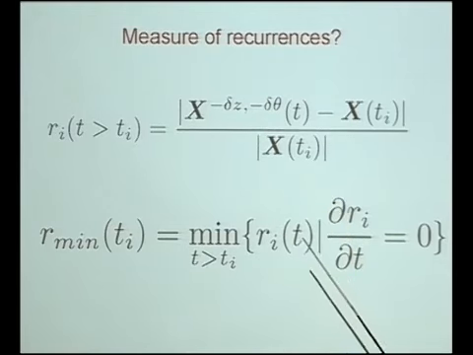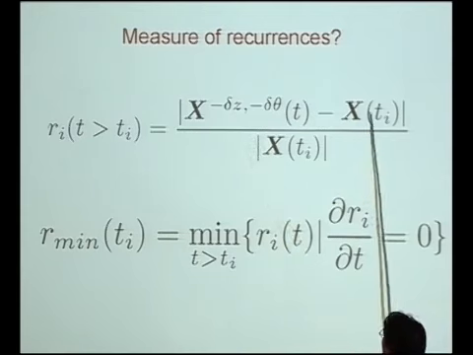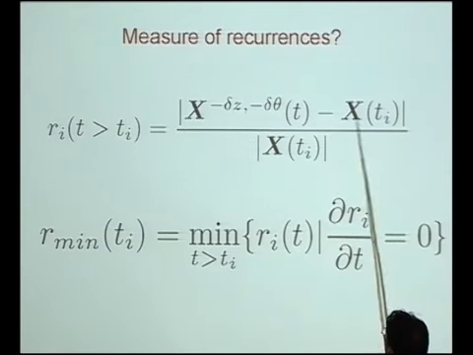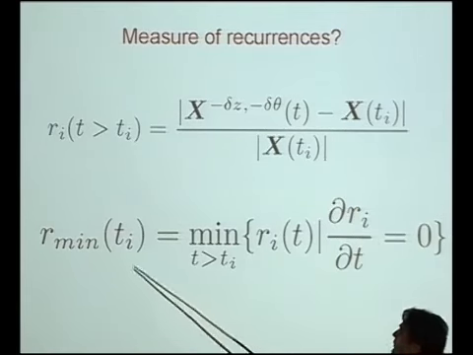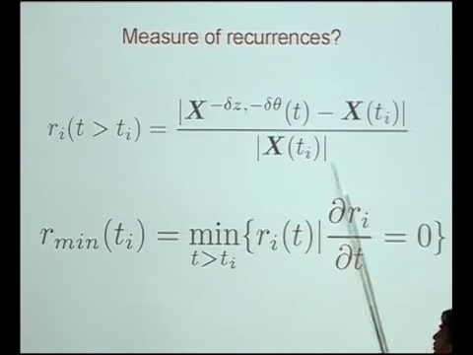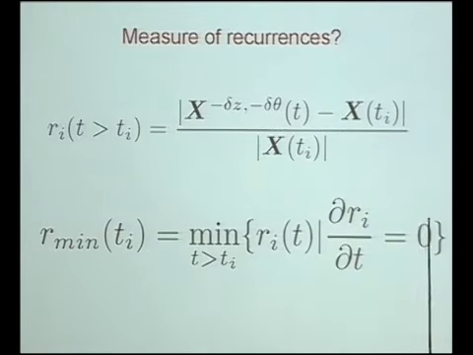If we start a trajectory at the time ti and integrate forward in time until a time t, possibly shifting in space, but we will ignore this possibility here, and then look at when the flow comes back the closest at time t to where it was at time ti. So by taking the minimum of this function, we can find R mean, which corresponds to the closest return from a trajectory starting at time ti.